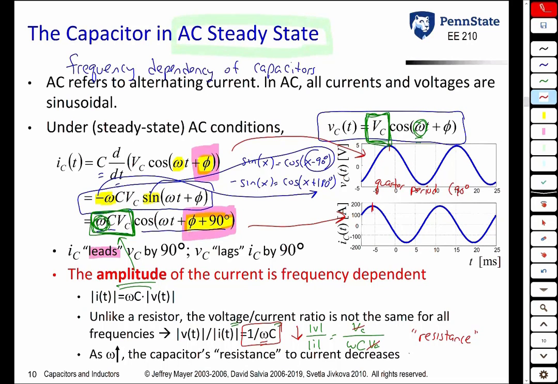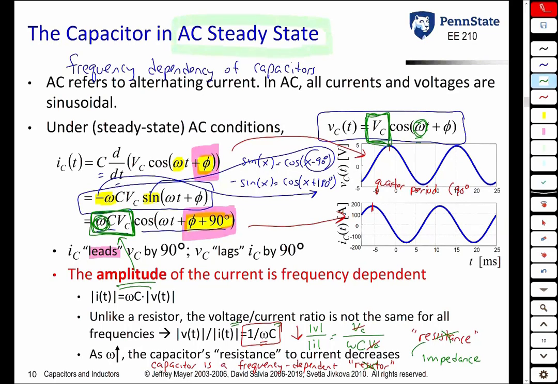So we have that the capacitor is a frequency dependent resistor. And I'm using these quotes once again because it's not really a resistance. In fact, the proper term, we're going to talk about this later, is we use the term impedance instead of resistance here. But we will talk about this much later.